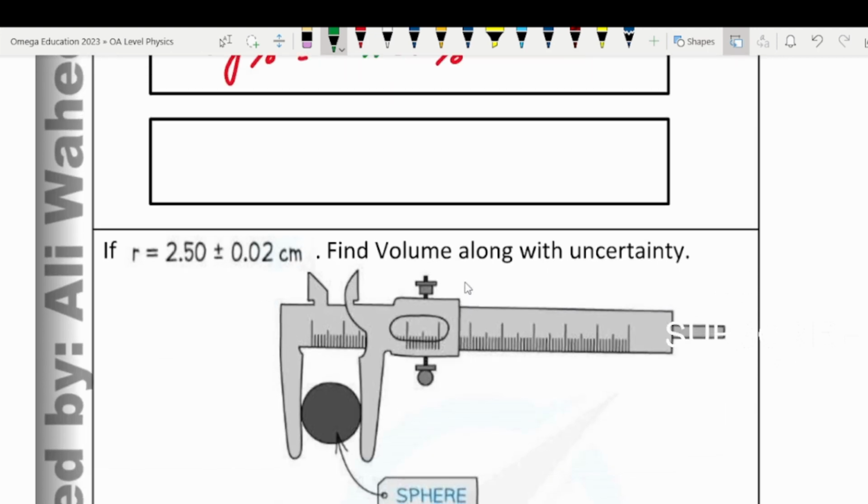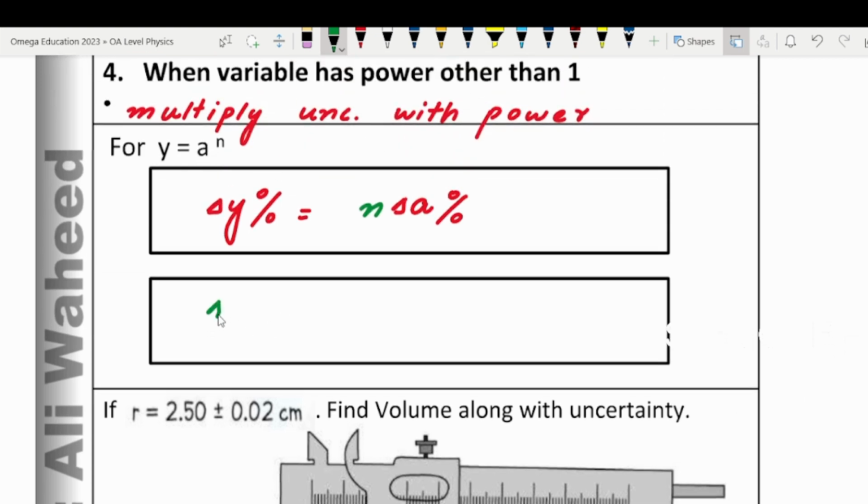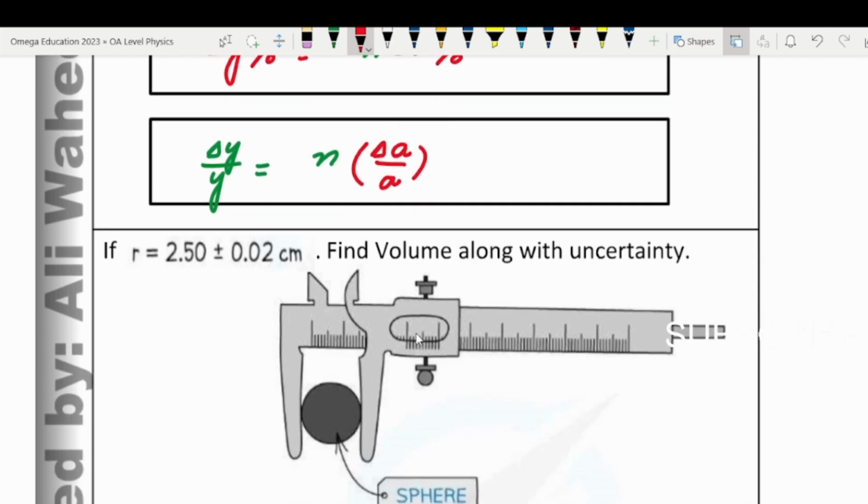And if you want to write it as fractional uncertainty, that is just the same thing. It will be written as delta y over y, and that equals n times the fractional uncertainty of a, which is delta a over a. The conversion of fractional and percentage uncertainty we explained already previously.